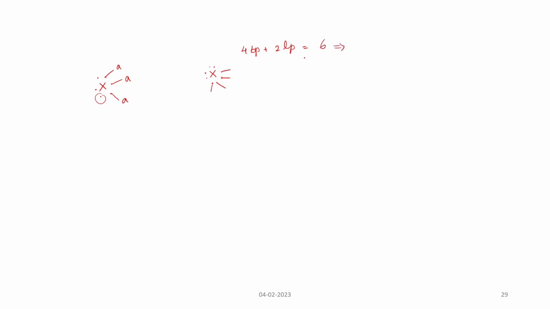So the geometry will be octahedral, and since there are lone pairs, it gives this geometry with lone pairs on the axis. But with a Lewis structure, it cannot represent the geometry or the shape. It cannot explain all these things, geometry and shapes, with the Lewis structure and these electrons.